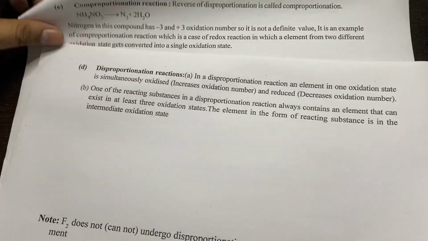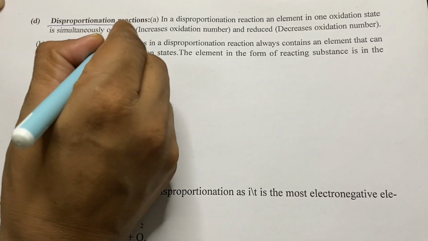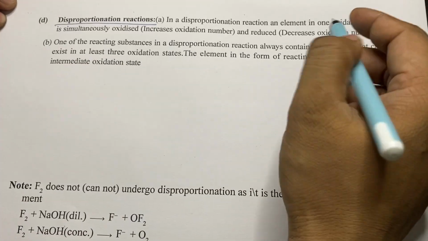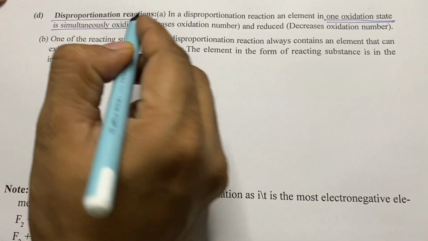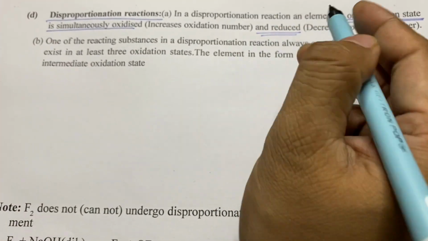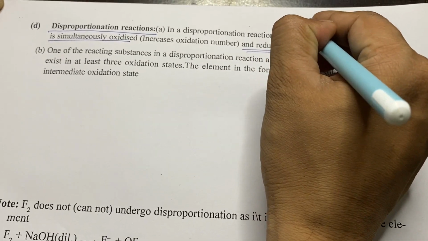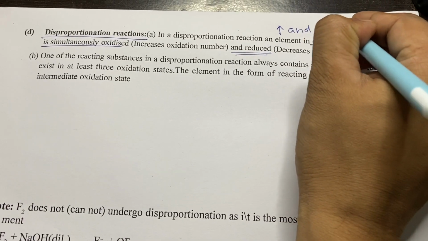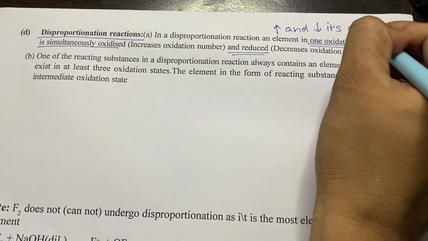Let's discuss another category of the redox reaction, which is called the disproportionation reaction. It is to be noted that in the disproportionation reaction, one element in a compound is oxidized and simultaneously reduced, which means that in a compound one element increases and decreases its oxidation number.